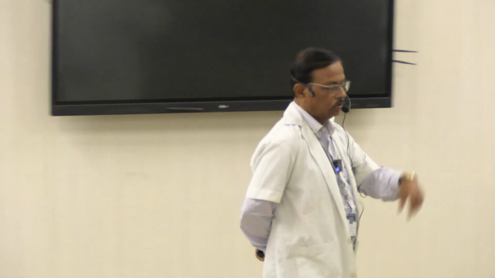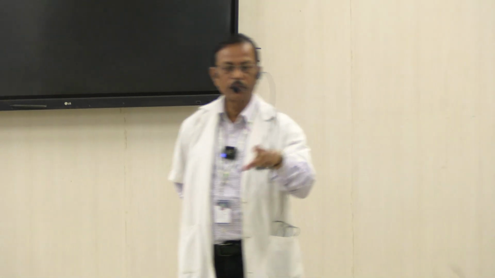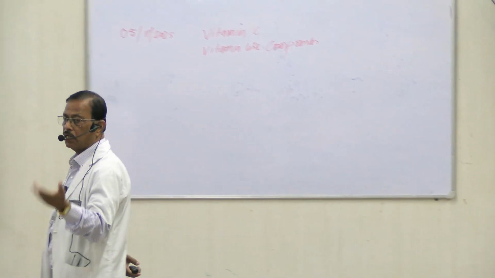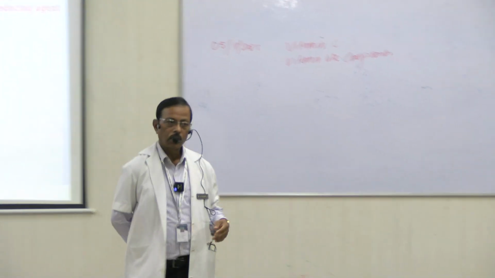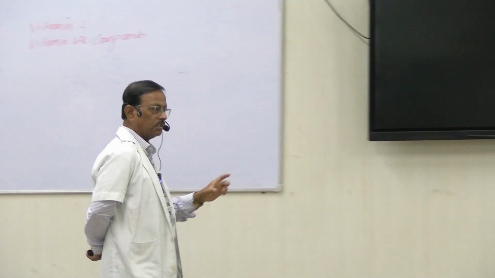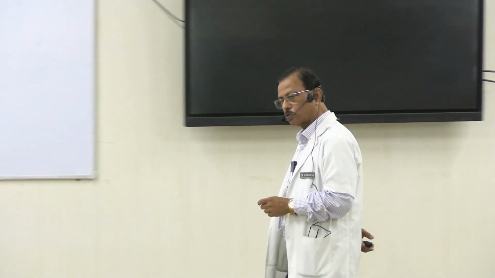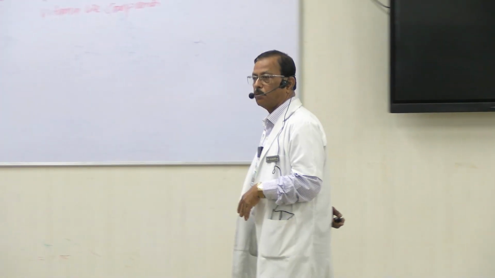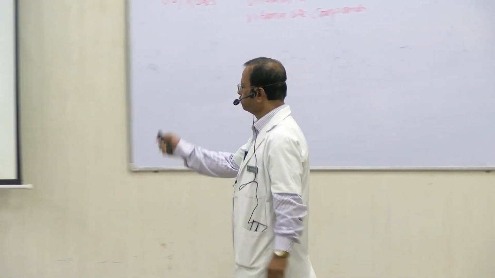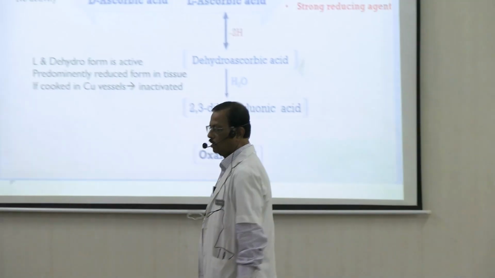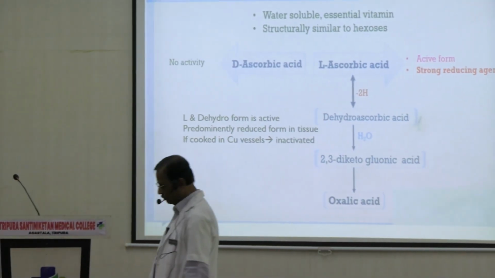In the Benedict solution, it forms an enediol, and that gives the reducing property. When you test, you get the reducing test positive, indicating the presence of a reducing agent in the Benedict test. Now this vitamin C also, as it is strongly reducing, its presence will give Benedict test positive.